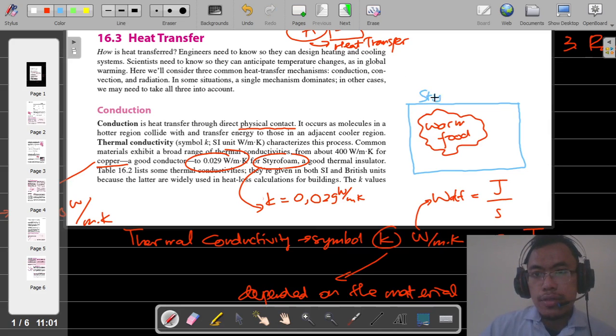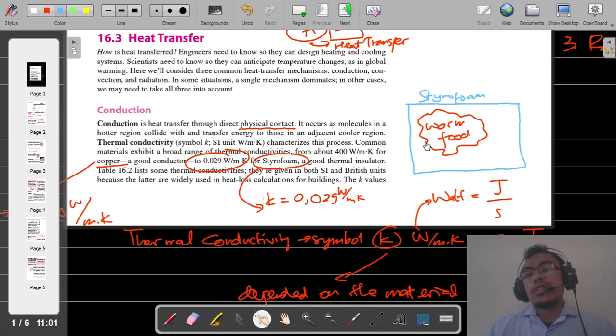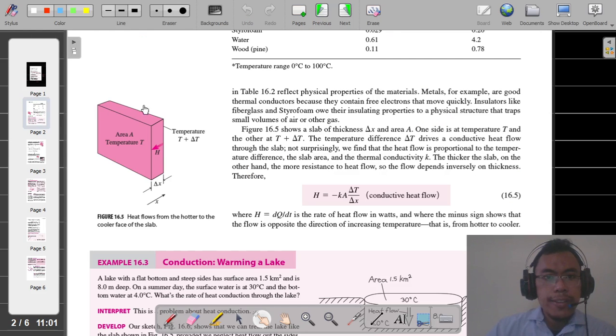Because styrofoam is not a good conductive material, the thermal energy will always be kept in this container. So the food will be warm for a long time. So the use of styrofoam, which has a very low value of k, is as an insulation chamber.